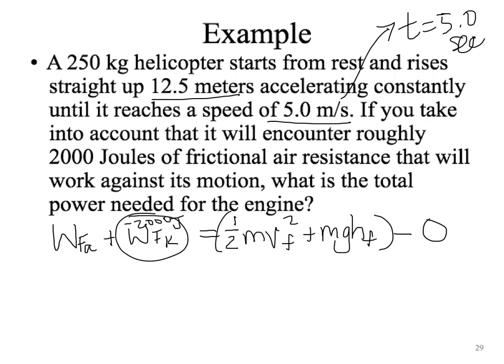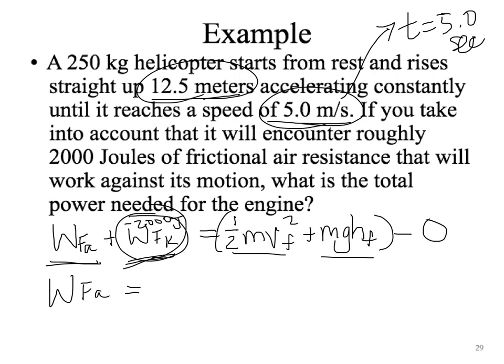Now this helicopter starts on the ground, so it starts with nothing, but it does reach 5 meters per second. It will reach a height of 12.5 meters, so it gets something, and it's going to get it from the applied force, which is a non-conservative force, and of course it has the friction force, which is also non-conservative. So I'm going to go ahead and find the work done. And I'm going to take this negative 2,000 and add it over here.